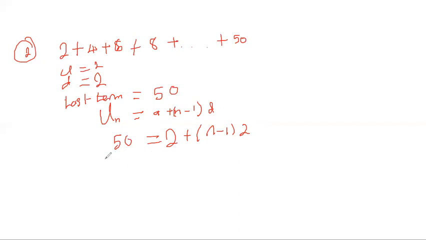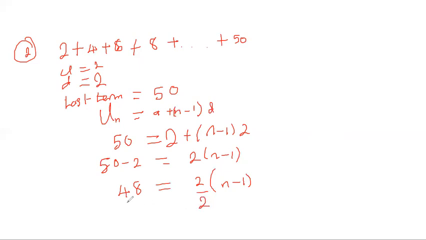So we collect like terms. So 50 minus 2 is equal to 2 into n minus 1. So this will give us 48 is equal to 2 into n minus 1.